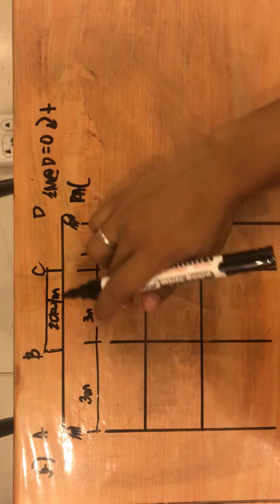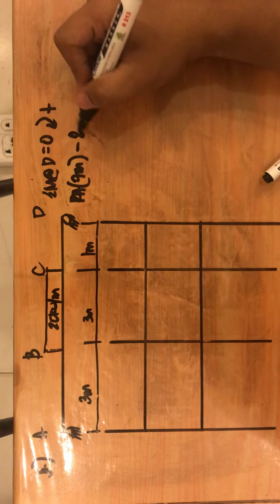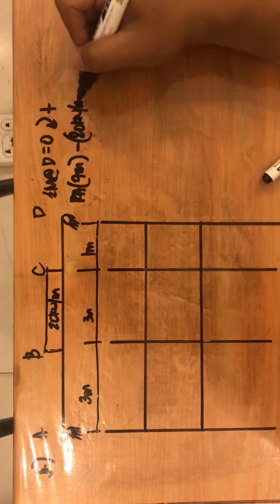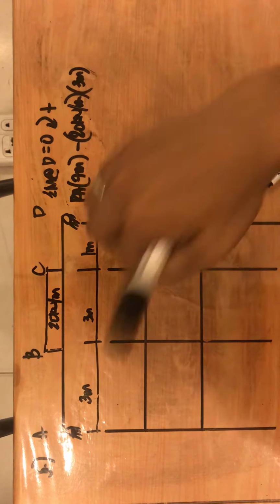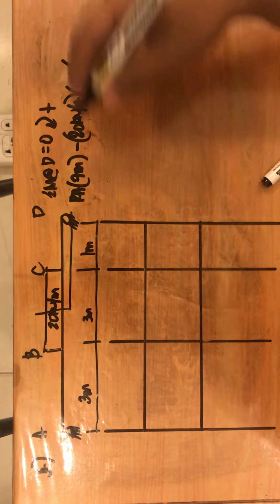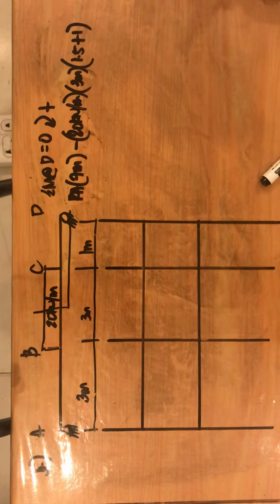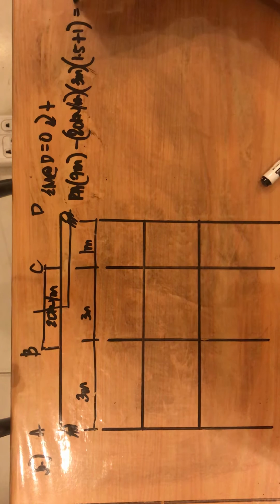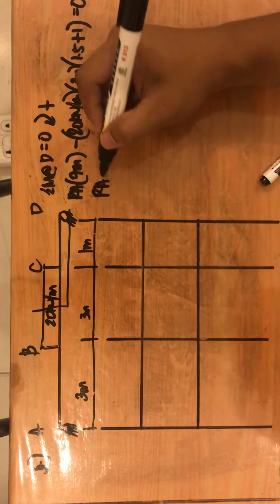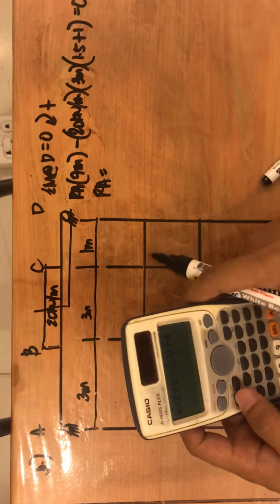So, RA times total length, 7 meters, minus itong gravity load na to, 20 kilonewton per meter times natin sa length niya, which is 3 meters, times the centroid, mula dito sa gitna, papuntahin natin dito sa point D. So, 3 meters times, kalahati ng 3 meter is 1.5 plus 1 meter, equivalent to 0. So, RA times 7 minus 20 times 3 times 1.5 plus 1, equivalent to 0.